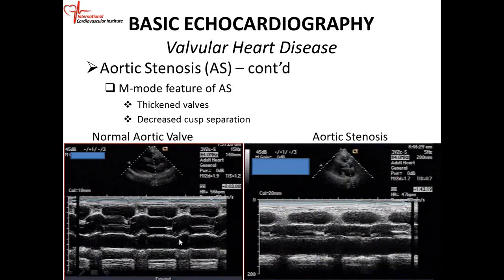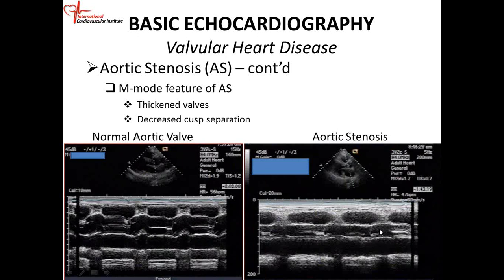Okay, so when someone has aortic stenosis and you have your cursor crossing through the same structures as over here, then the chest wall is on top, the RV wall is below, the RV cavity is right here. Then you have the aortic wall. Inside the aortic wall, you have the aortic valve. And when you look, you can see that the aortic valve is thickened. This line, if you look there, it's not very thickened, but over here, it's very thickened.